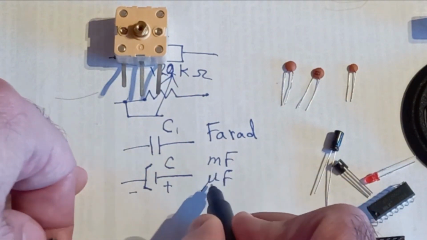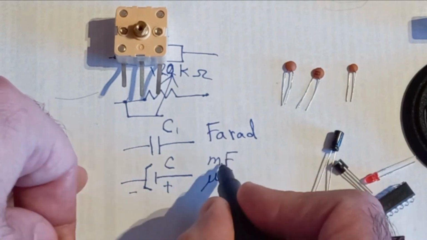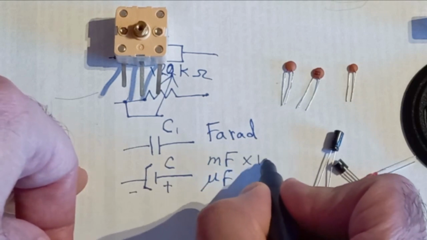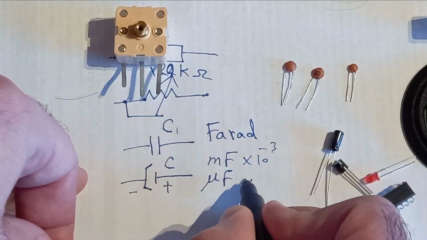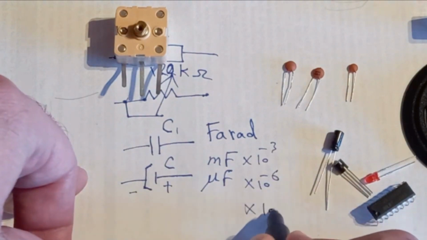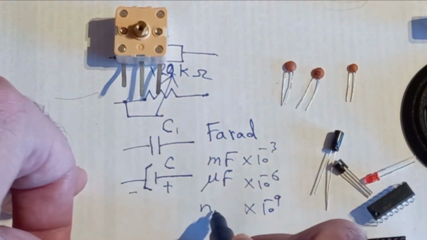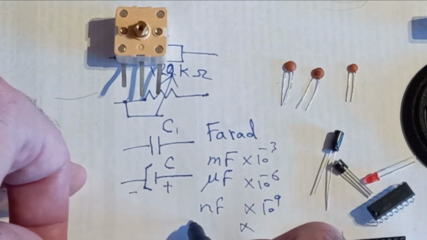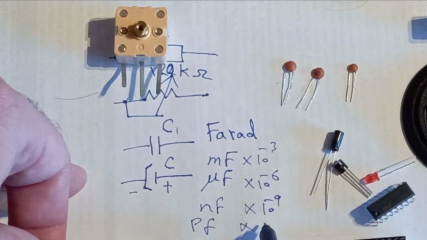So mu, we call it microfarad, millifarad. This is basically, millifarad is times 10 to the power minus 3. That's times 10 to the power minus 6. Next one is 10 to the power minus 9, which is nanofarad. And it goes on to picofarad, 10 to the power minus 12.